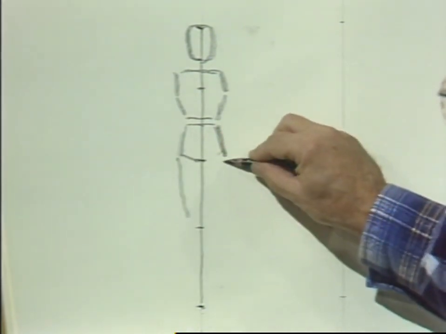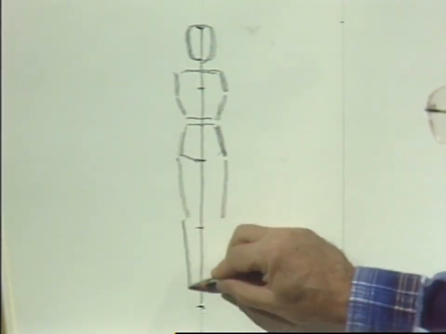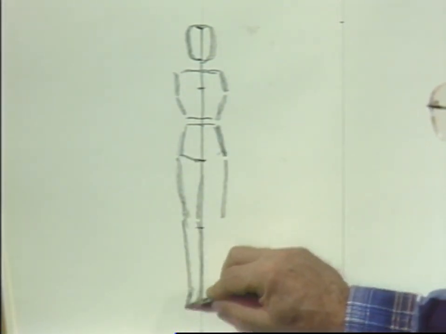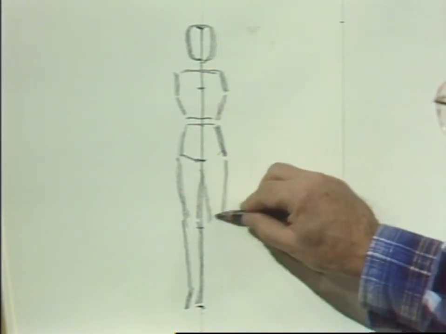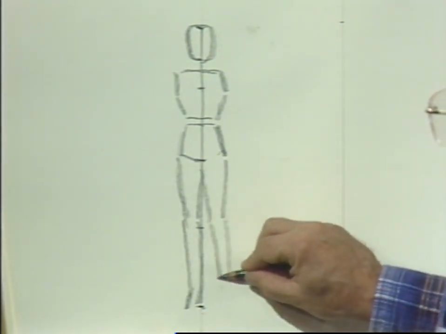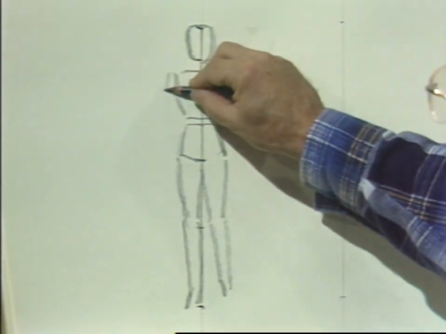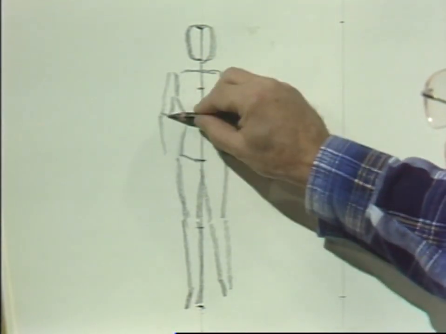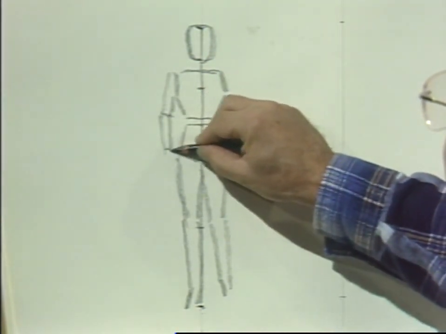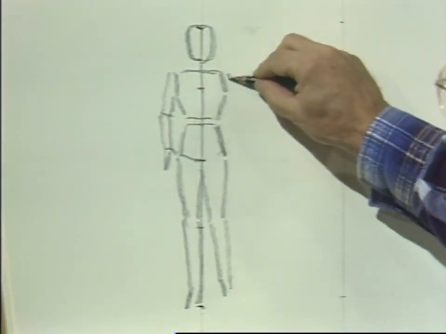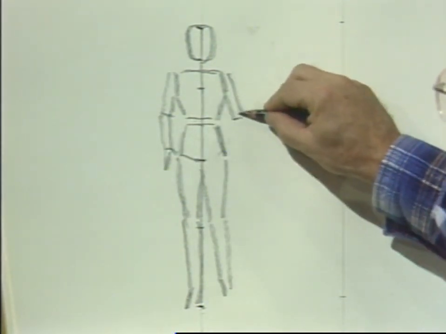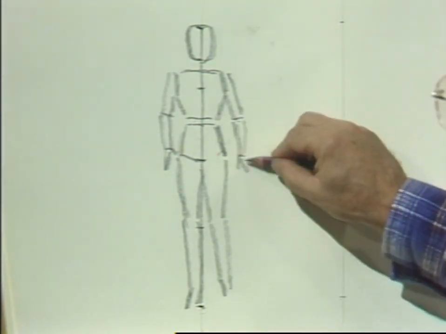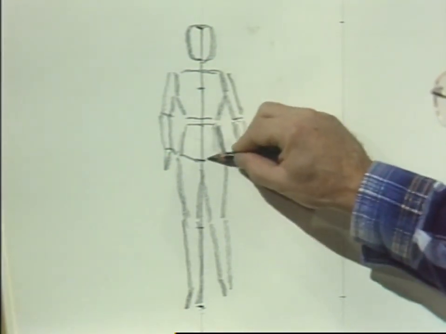And the upper leg, and now the upper arm, and the elbow breaks at the waist, the lower arm, the wrist breaks at the hip bone, and we have a system of measurements. All people will not look exactly like this, but that's a standard we use, and if we're drawing a particular person, we see the difference in that standard.